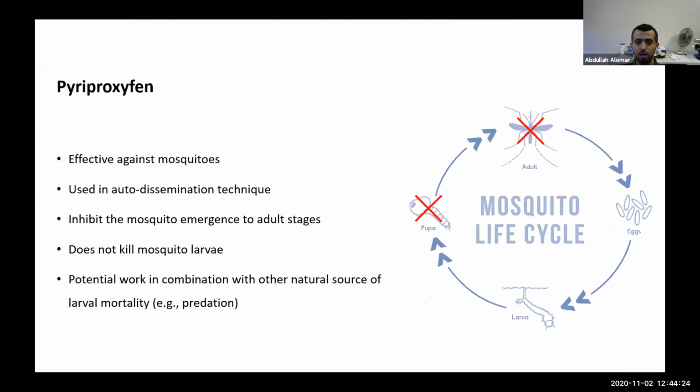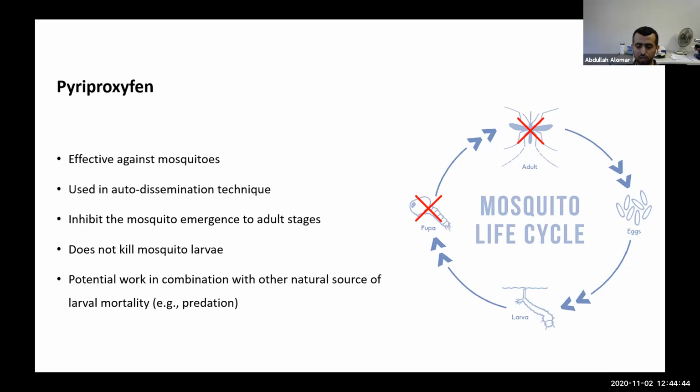Pyriproxyfen is a common insect growth regulator that shows effectiveness against mosquitoes and other public health insects at very low concentrations. This feature allows pyriproxyfen to be utilized in the auto-dissemination technique.